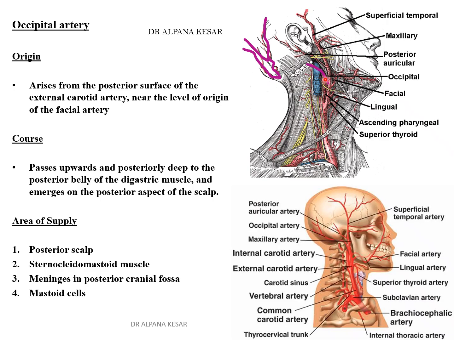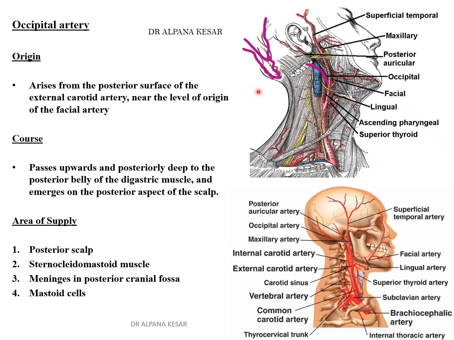The occipital artery passes backwards and upwards deep to the posterior belly of the digastric muscle and then emerges on the posterior aspect of the scalp.